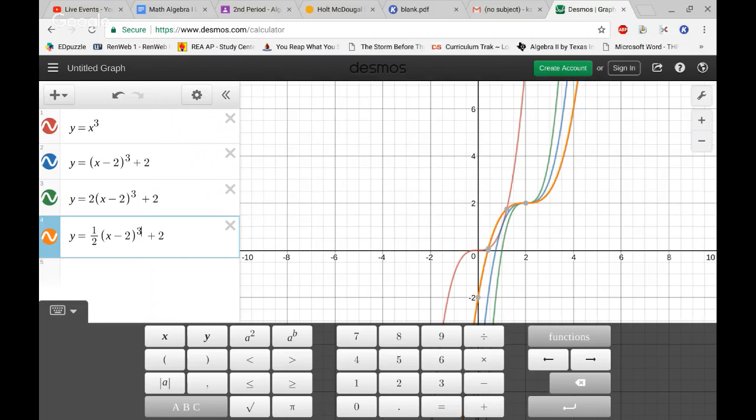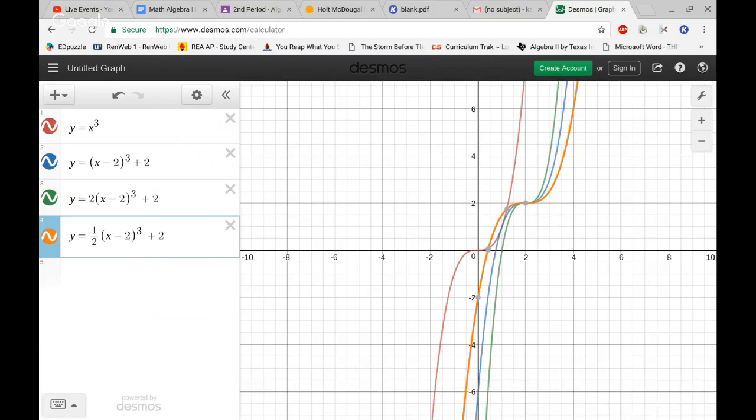You can kind of see the red as the parent graph, and then my blue was my second one where it shifted right 2 and up 2. So instead of going through the origin, it's going right here at 2, 2. All of them share that because I have the 2, 2 there.